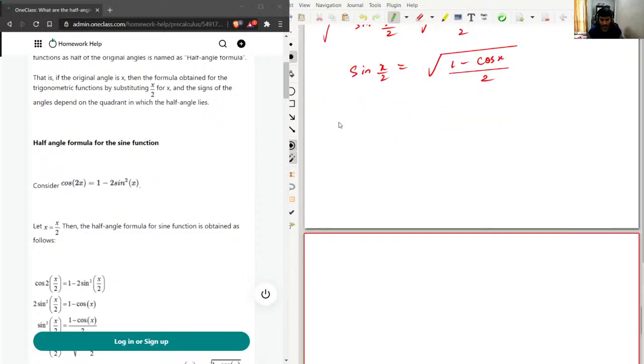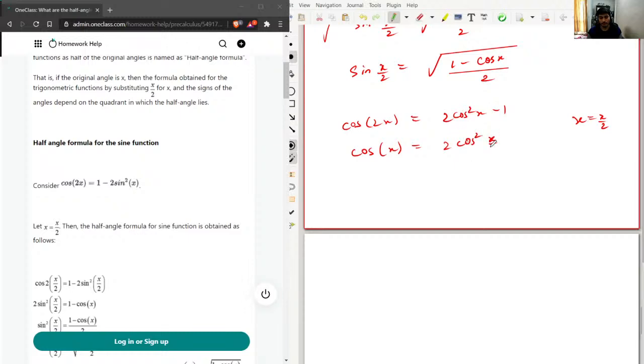Similarly we can do it for the cosine. Again I'll take cosine 2x, which is nothing but 2 cosine square x minus 1. Then I'll put x equal to x over 2. So this will become cosine of x, and this will become 2 cosine square x over 2 minus 1.